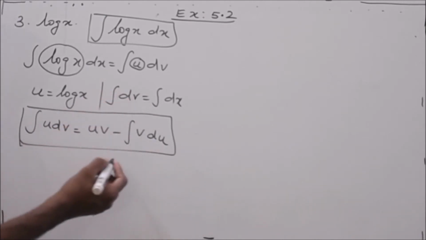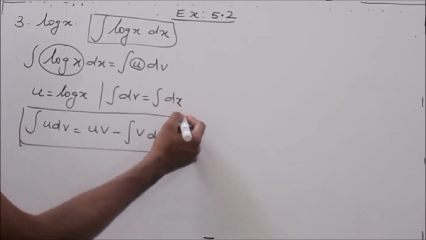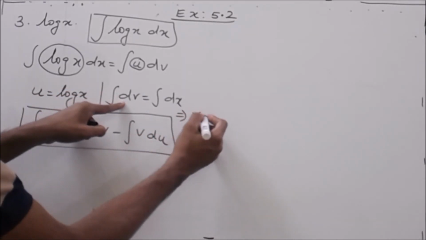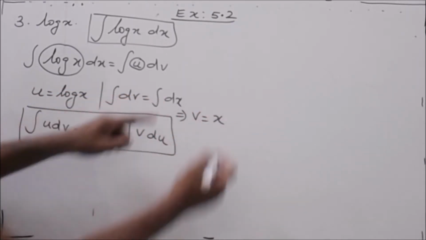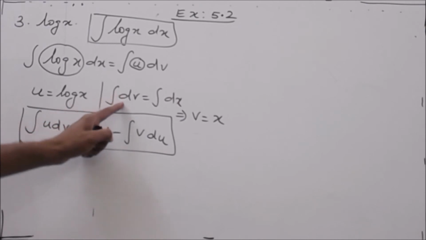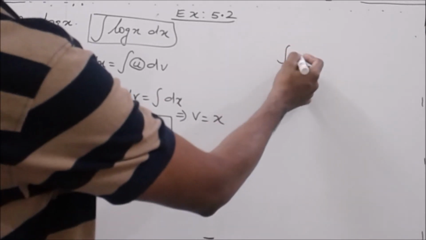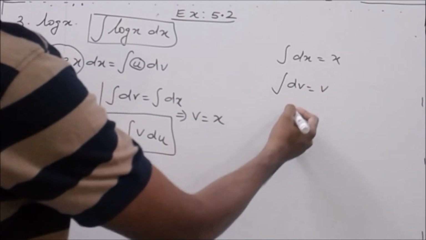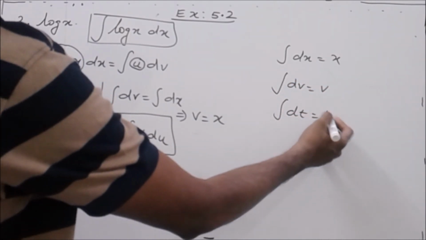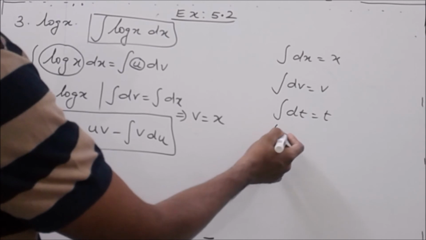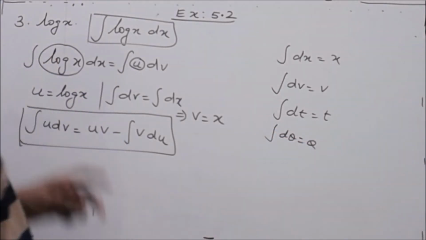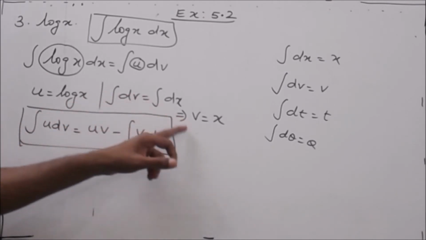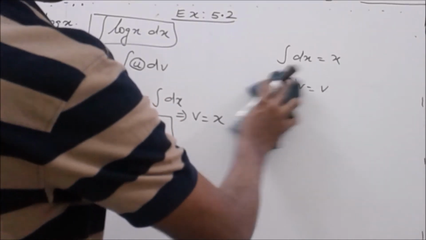So integral dv is v, and integral dx is x. Integral dv becomes v because integral dx means x. Similarly, integral dt is t, integral d theta is theta. Like this we can apply here: integral dv is v, integral dx is x.